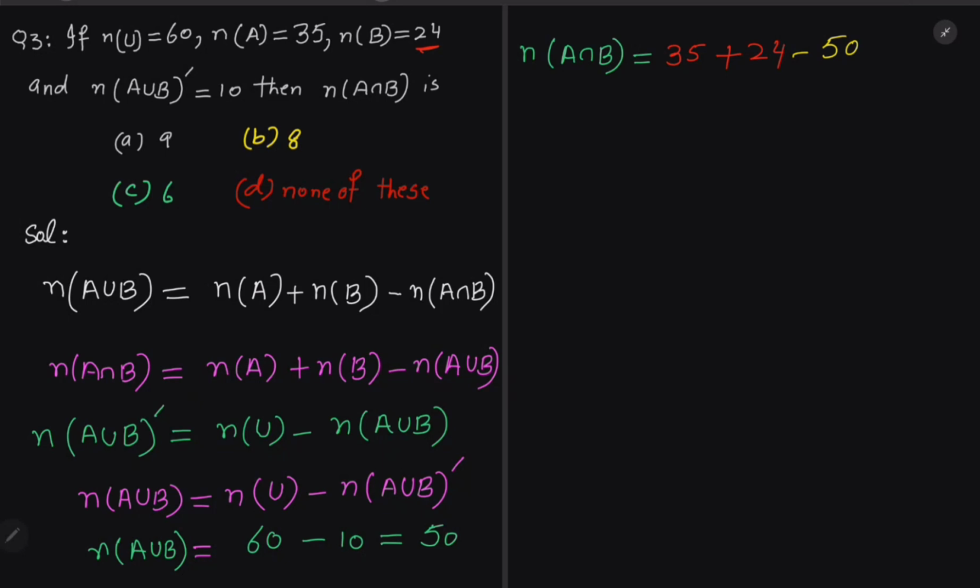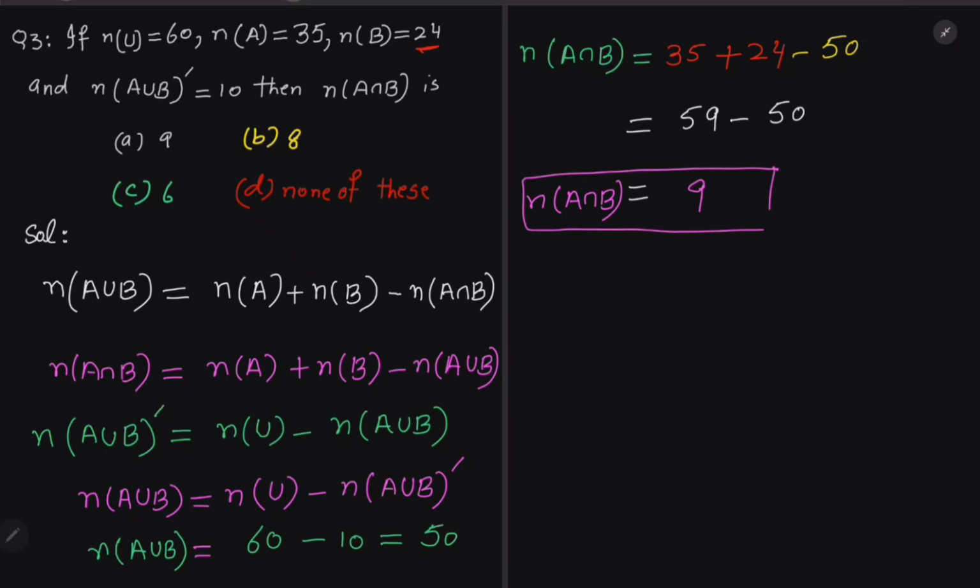Okay, there might be some error, I think. Or maybe it is correct. Okay, this is correct, yes. The first two added give 59, minus 50. So we have the number of elements in A intersection B is equal to 9.